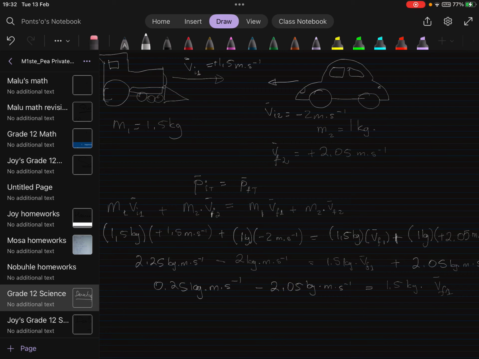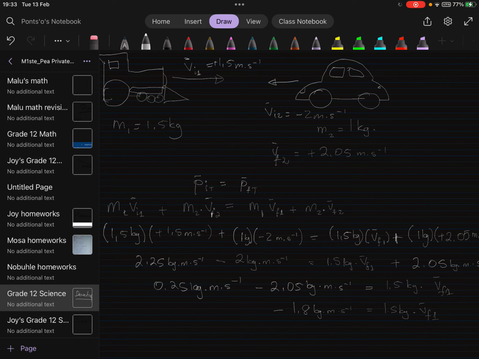So now we've got 0.25 minus 2.05, and that gives us negative 1.8 kilogram meters per second.